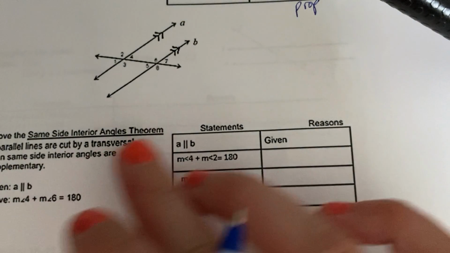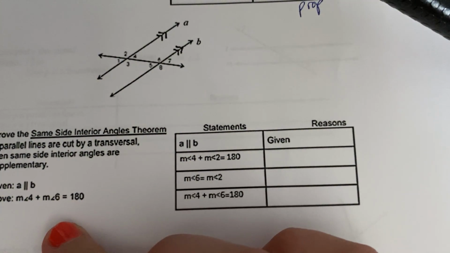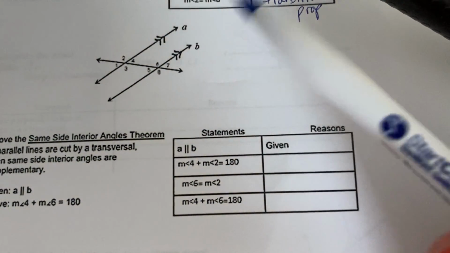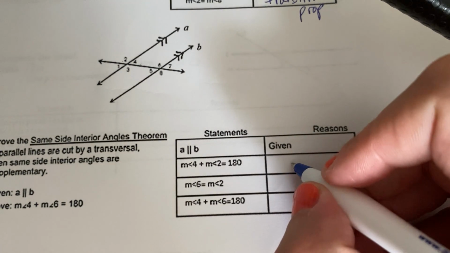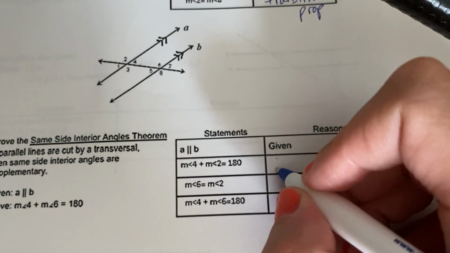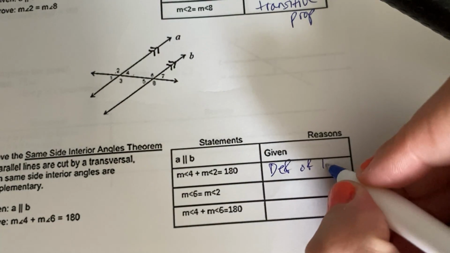Same thing, same side interior. We're trying to prove that angle 4 and angle 6 equal 180. So I know angle 2 and angle 4 equal 180 because they are linear pairs, so definition of linear pair.